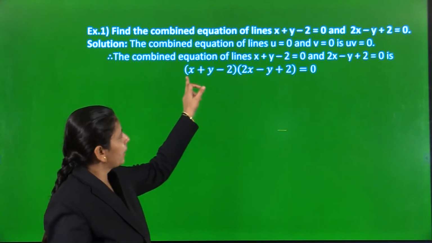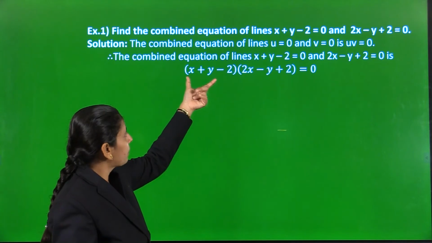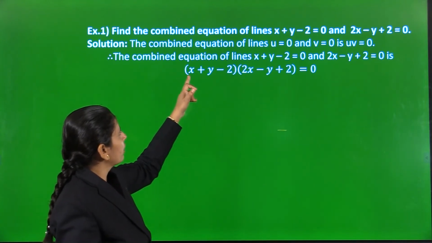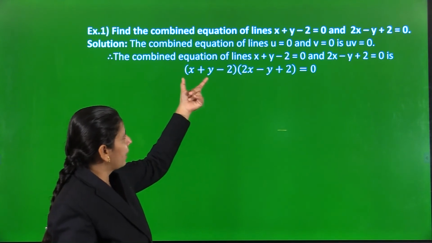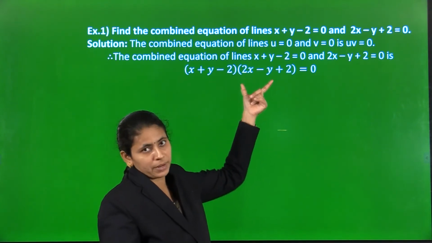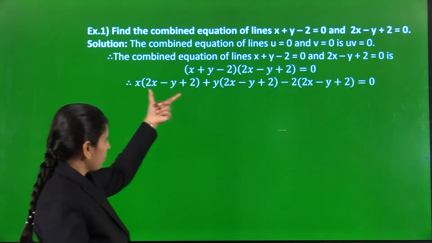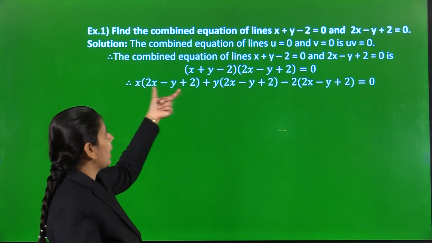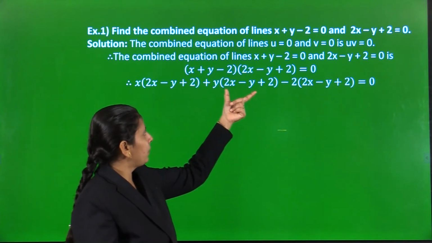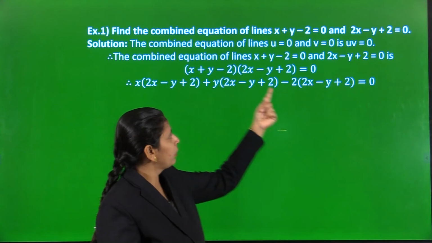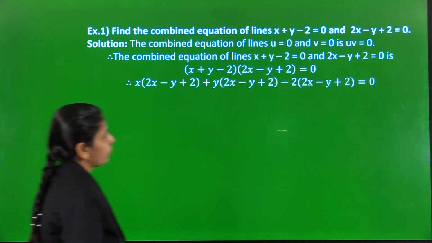Now we have to multiply the second bracket with the first bracket. So we multiply every term of the first bracket into the second bracket. First consider x into the second bracket, that is x(2x - y + 2) + y(2x - y + 2) - 2(2x - y + 2) = 0.